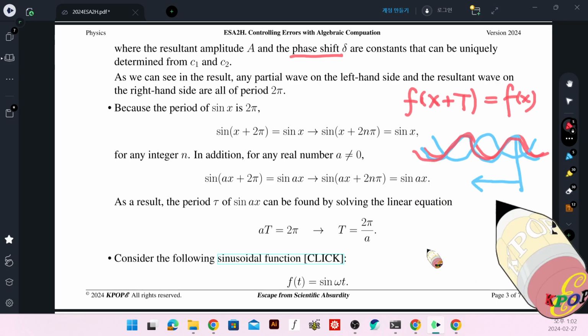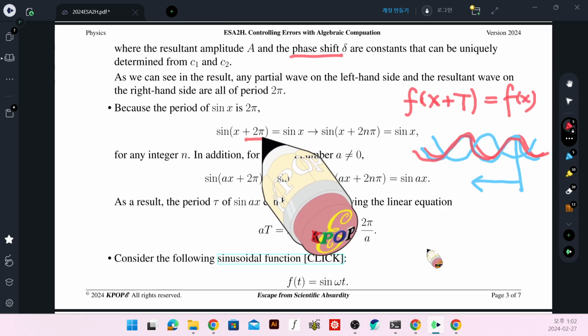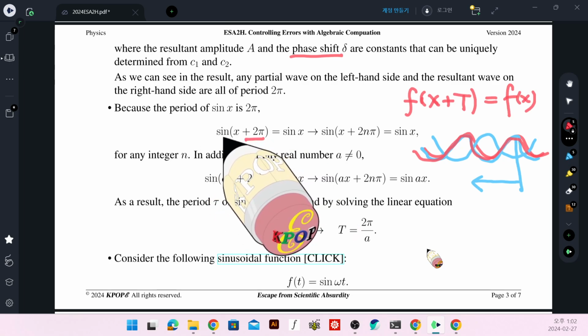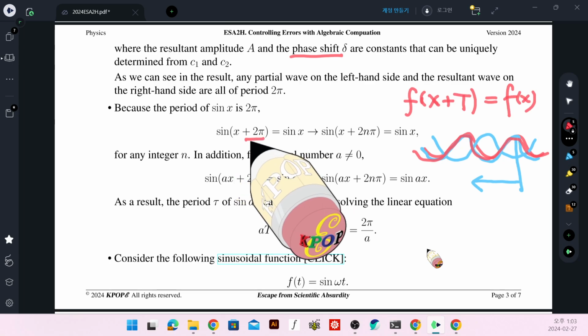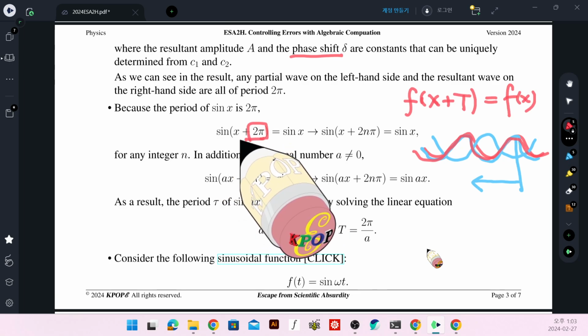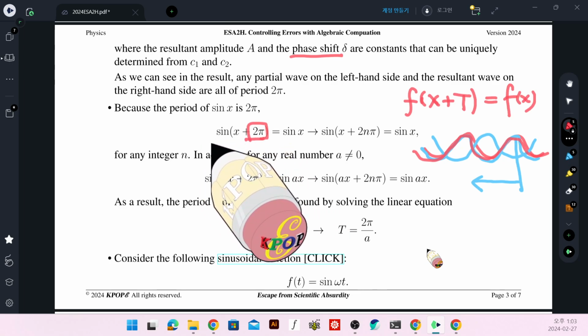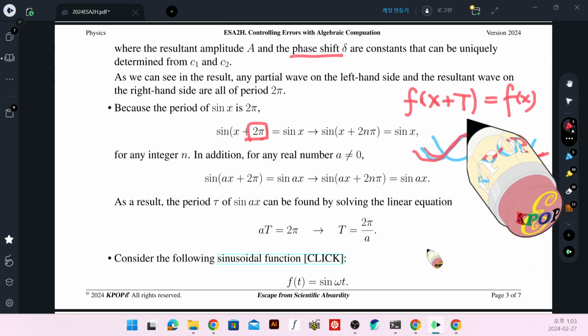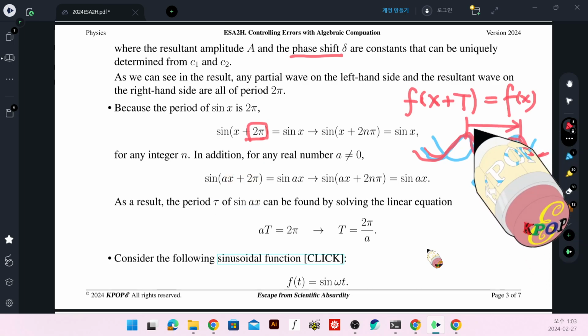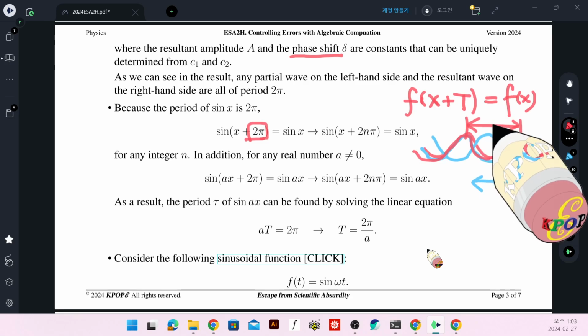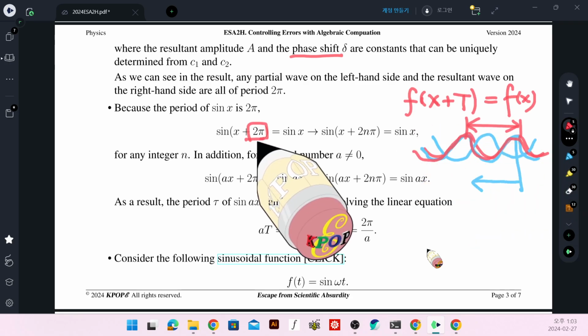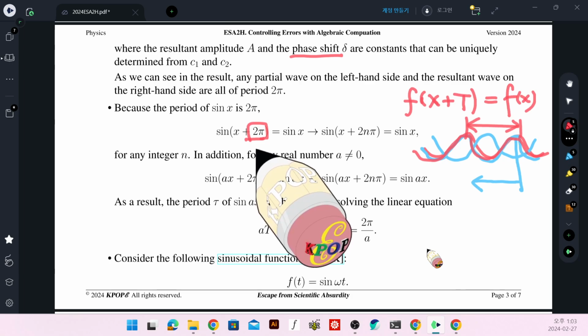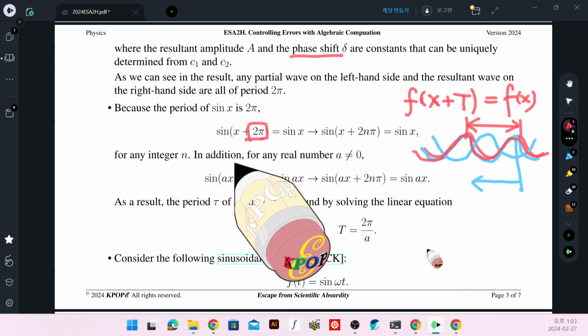This kind of translational invariance of a function is called periodicity. It is periodic with the period. For example, we have a sine and cosine whose period, the peak to peak distance, is the period, and this period for the sinusoidal function sine of x is 2 pi, the 360 degrees.